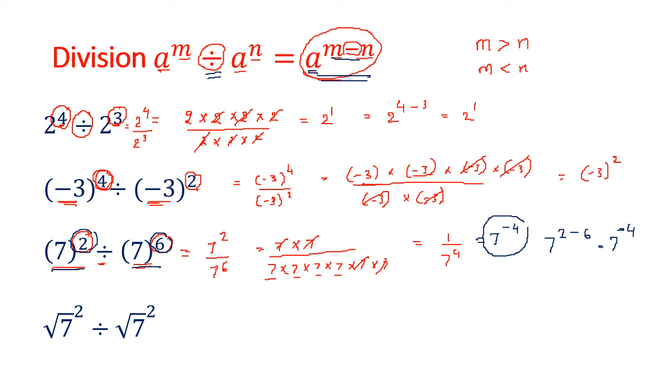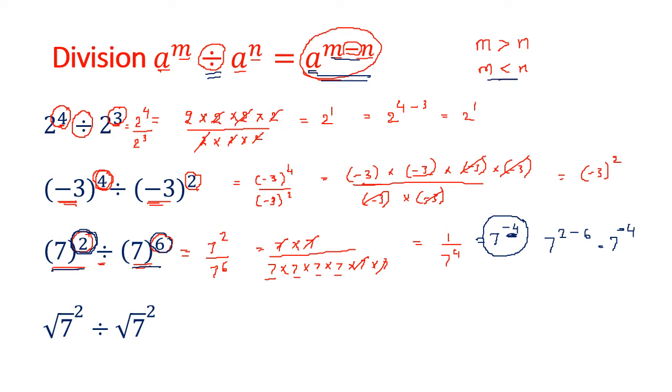Understand this very well. What is the concept of a negative power? What does a negative power actually mean? This is a very important concept in powers and exponents. When do you get a negative power? You get a negative power when the power of the numerator is smaller than the power of the denominator.